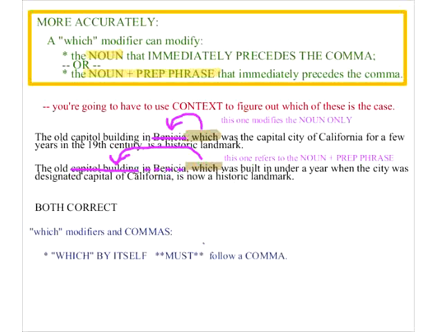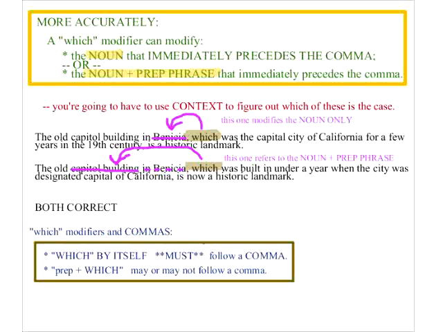On the other hand, a prepositional phrase, or preposition plus which, may or may not follow a comma. That's your rule. This is more of an American versus British convention than anything else. So if you learned British English, you may be a little bit surprised by this.